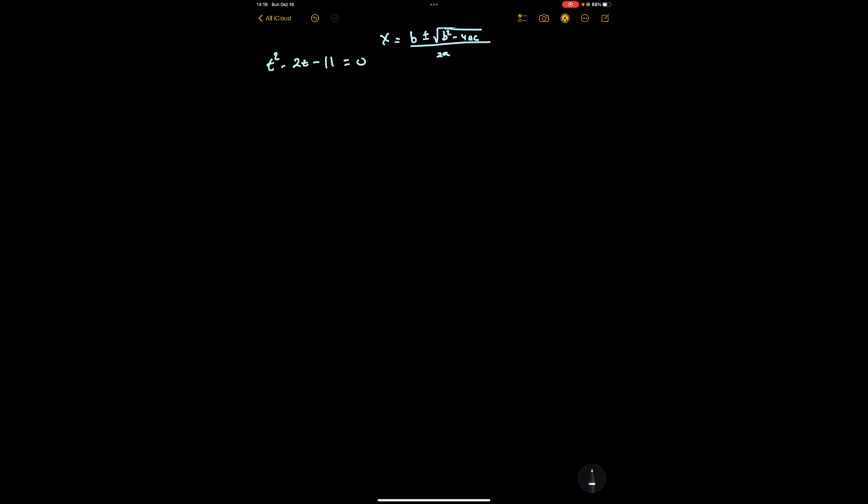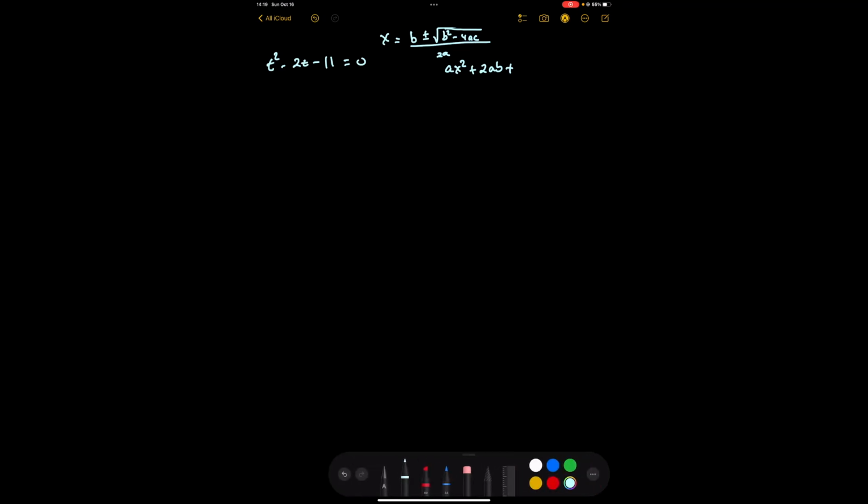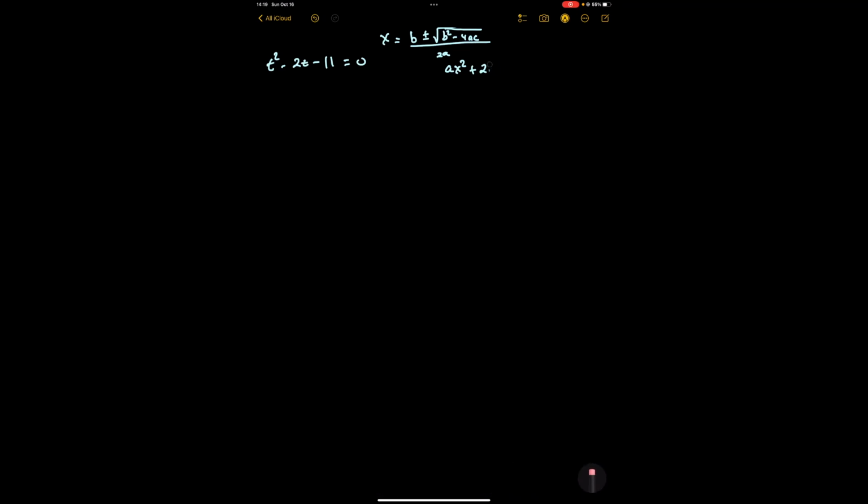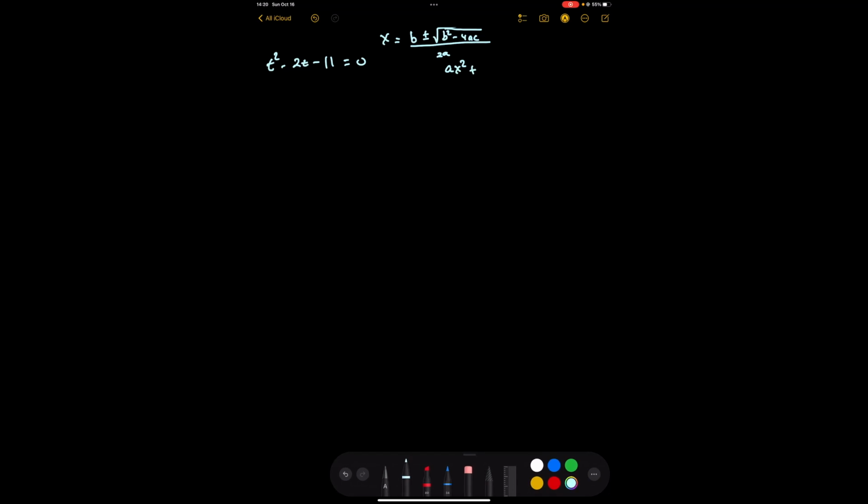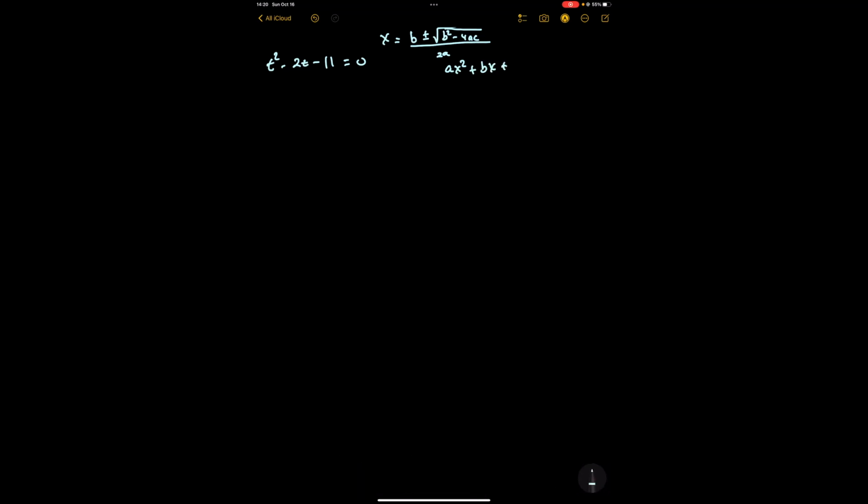So when you see an equation, guys, it's always written in the form ax squared plus bx plus c. When you're looking at this, a is the coefficient of the squared term, b is the coefficient of the linear term, and c is the constant.